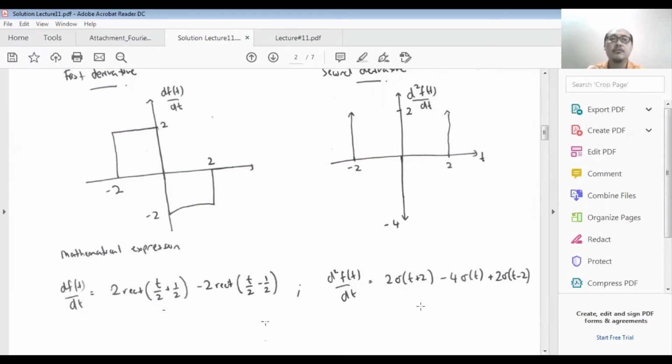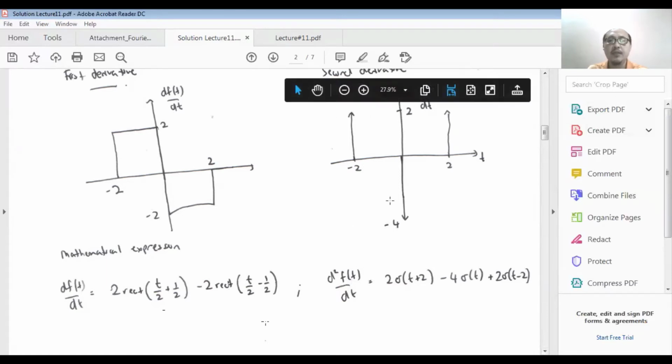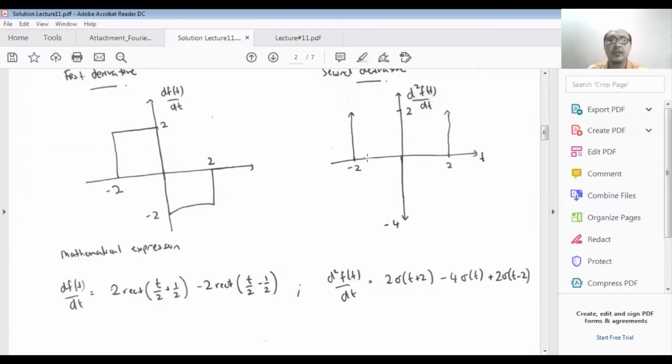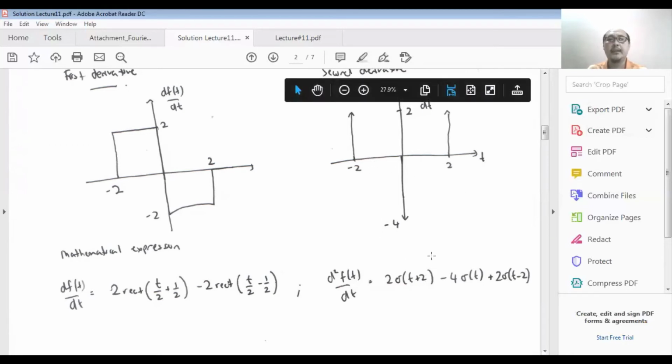Whereas for the second order differentiation, the result is simply impulse functions. You get positive 2 delta(t plus 2), which is an impulse shifted 2 units to the left, then negative 4 delta(t), and positive 2 delta(t minus 2).